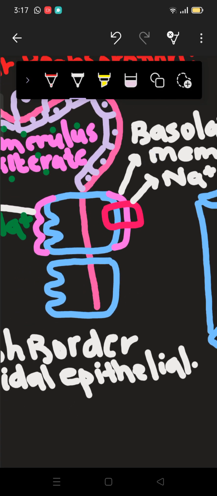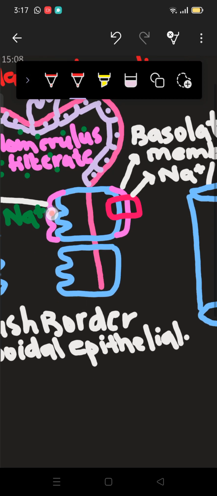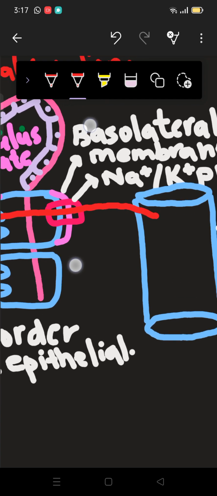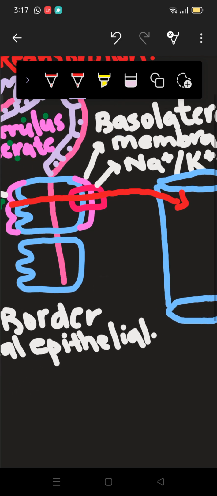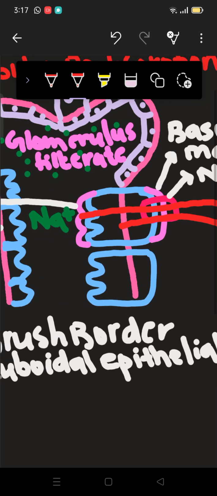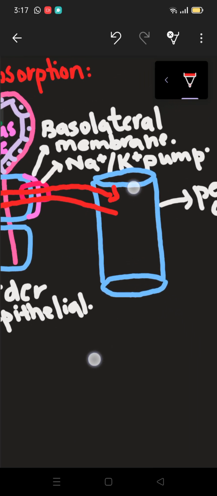Here, 3 sodium ions would go there and 2 potassium ions would go inside.